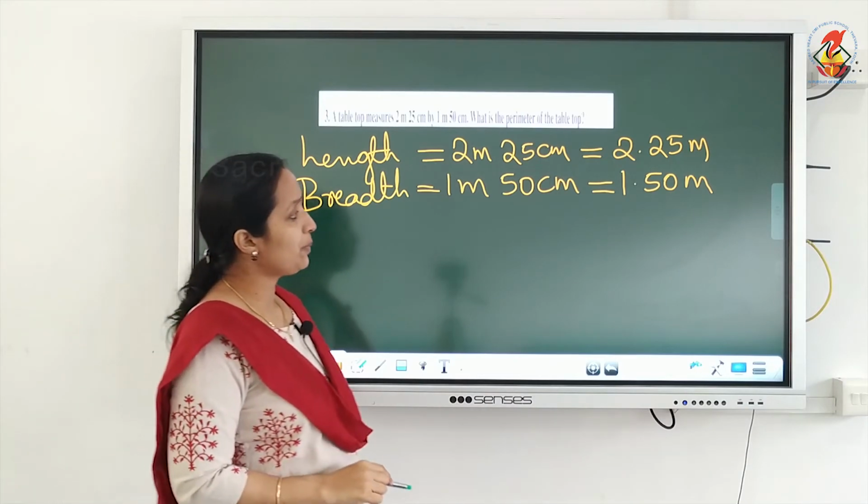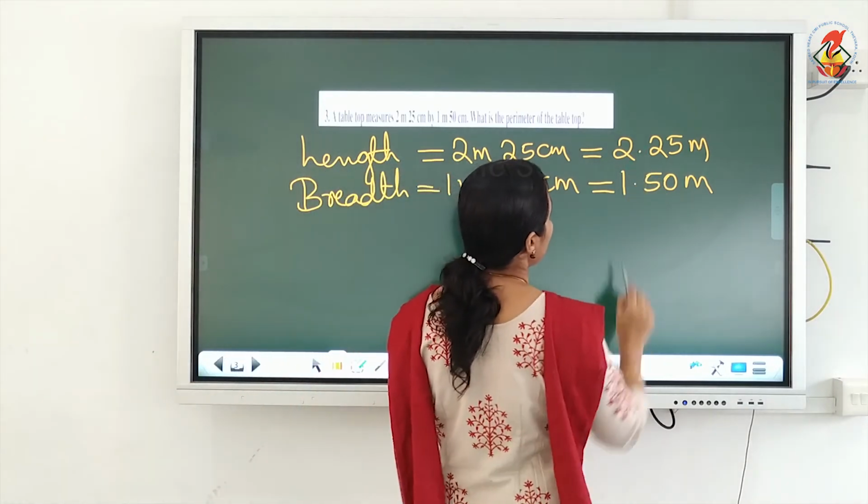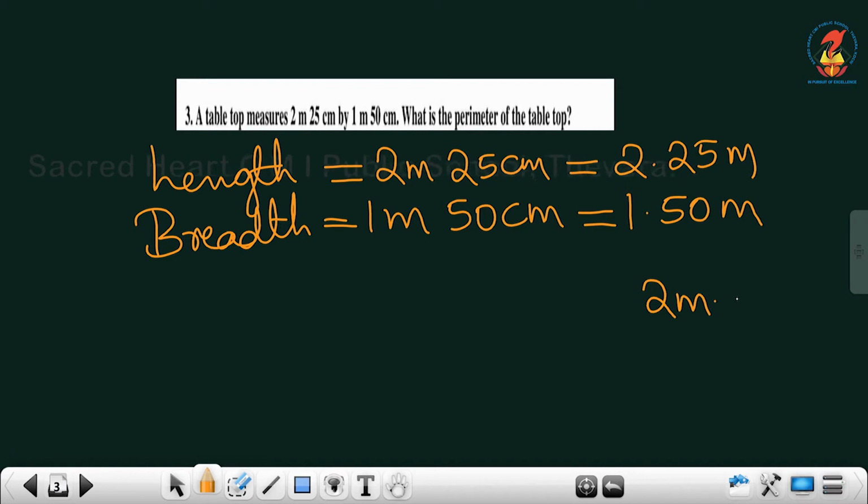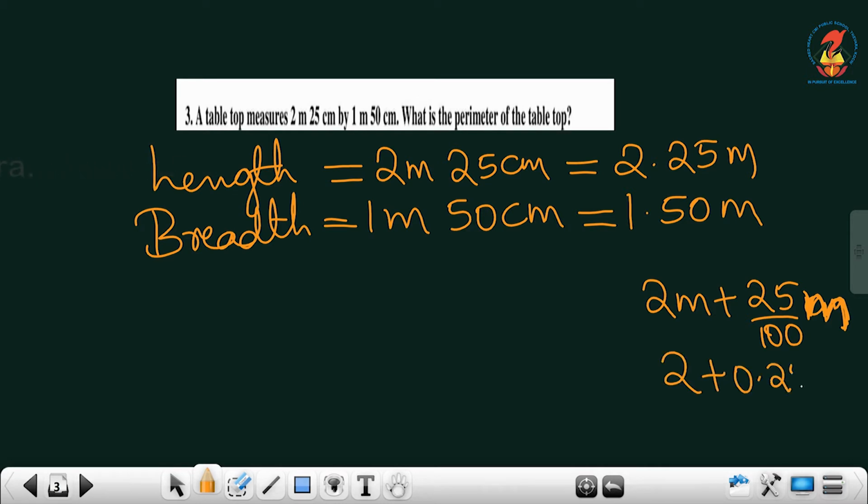How will we convert 2 meter plus 25 by 100 meter? For converting centimeter to meter, you divide by 100. That means 2 plus 0.25. What is the answer? 2.25 meter. This way we got 2.25 meter.